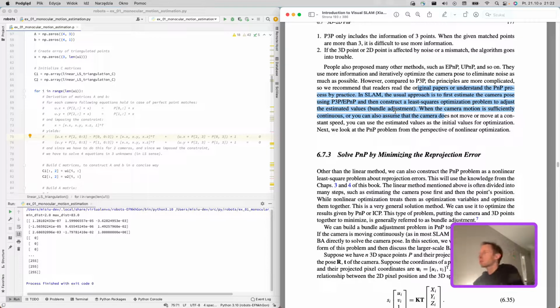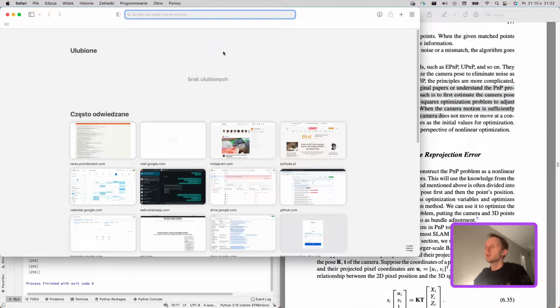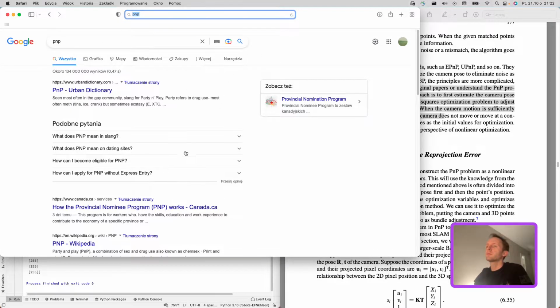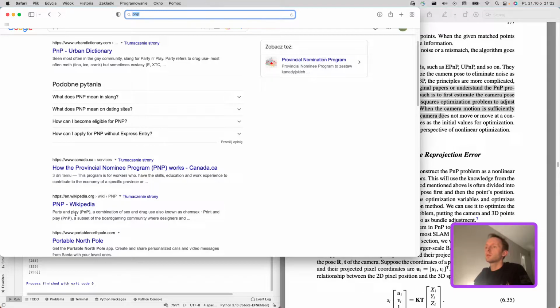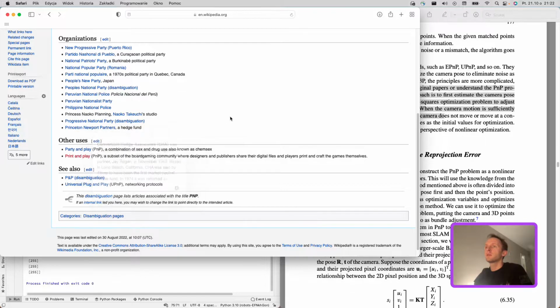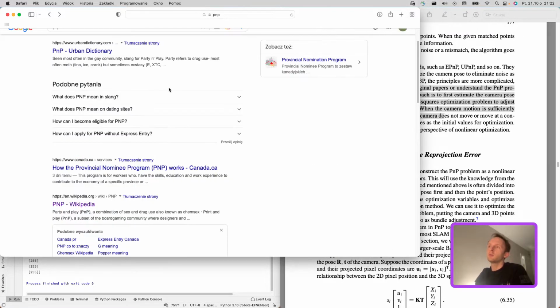So we can also solve PnP. But what is this PnP problem? What do they mean exactly when they say PnP? Oh, no, no, no. Definitely not the thing I'm looking for.